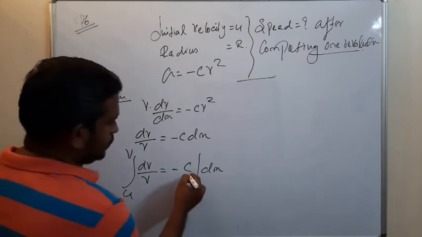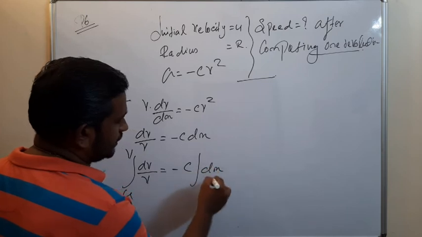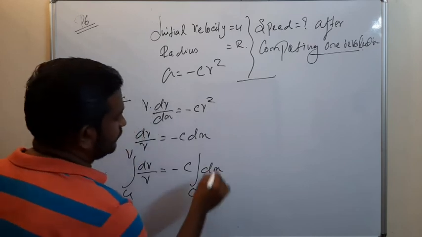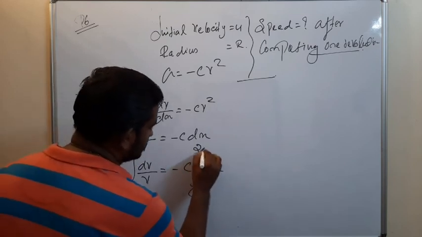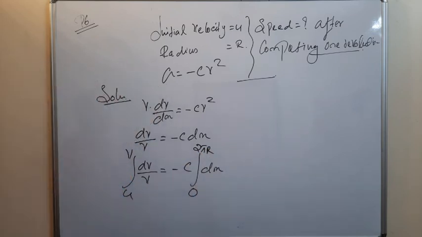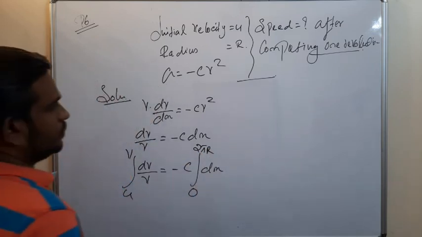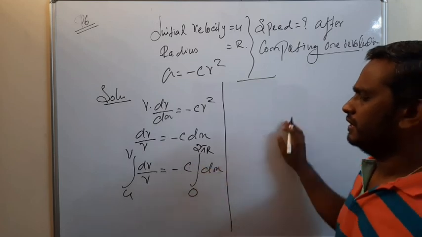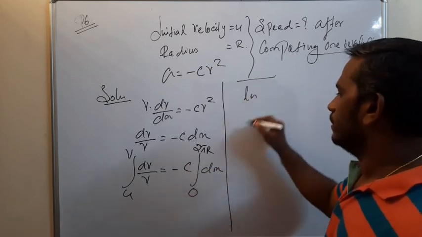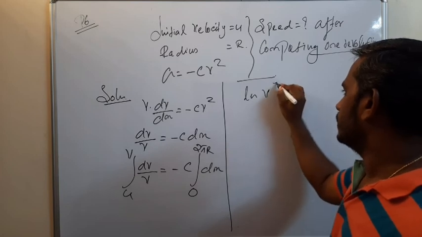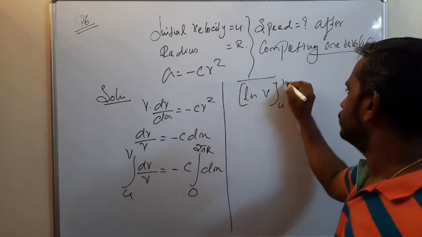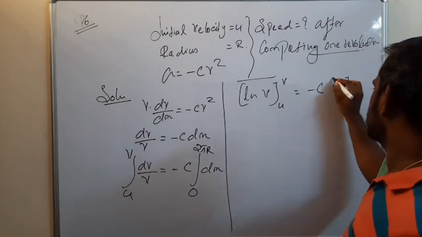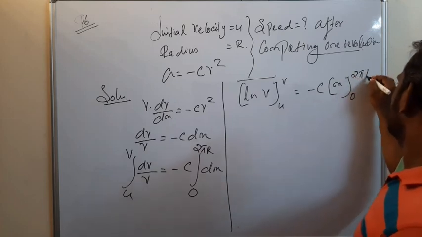The distance traveled by the body in a circular path: when it starts its motion the distance is 0, and after completing one revolution the distance traveled is 2 pi r. So the integral of dv by v is log v, with limits u to v, equals minus C integration of dx from 0 to 2 pi r.